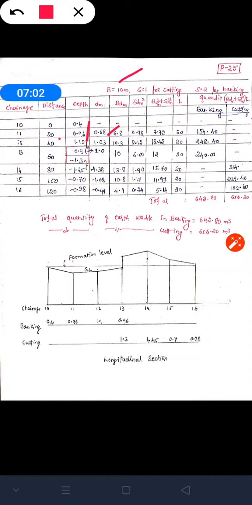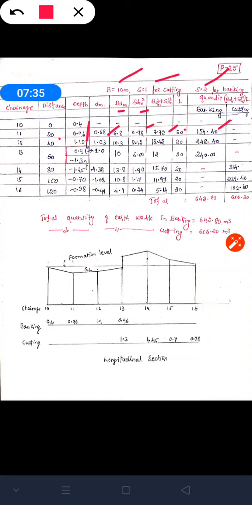Then for cutting s equals 1, for banking s equals 2, because here the depth is a positive value, it means this is banking, so we should consider 2 here, that is 2 into 0.68 square. Then 2 into 0.68 square means we got 0.92. After adding these two, we got the total area 7.72 here. Then this 7.72 I multiplied by 20, then I got the total quantity of banking of chainage 20.